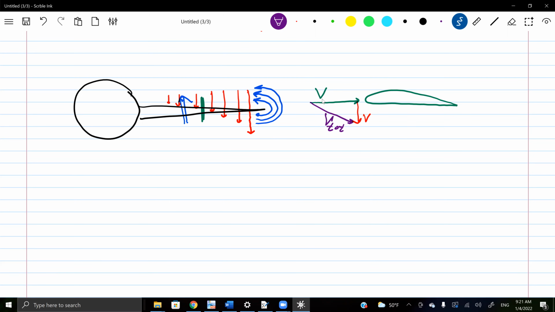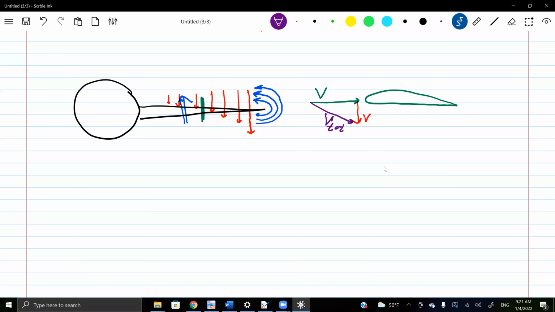Let's think of it. V was coming like this, the green. What is the angle of attack of the green? 0. What's the angle of attack of the V total now? It's actually negative. Why? Because it's trying to push the wing down. It's creating negative lift. So this is a negative addition to the angle of attack.